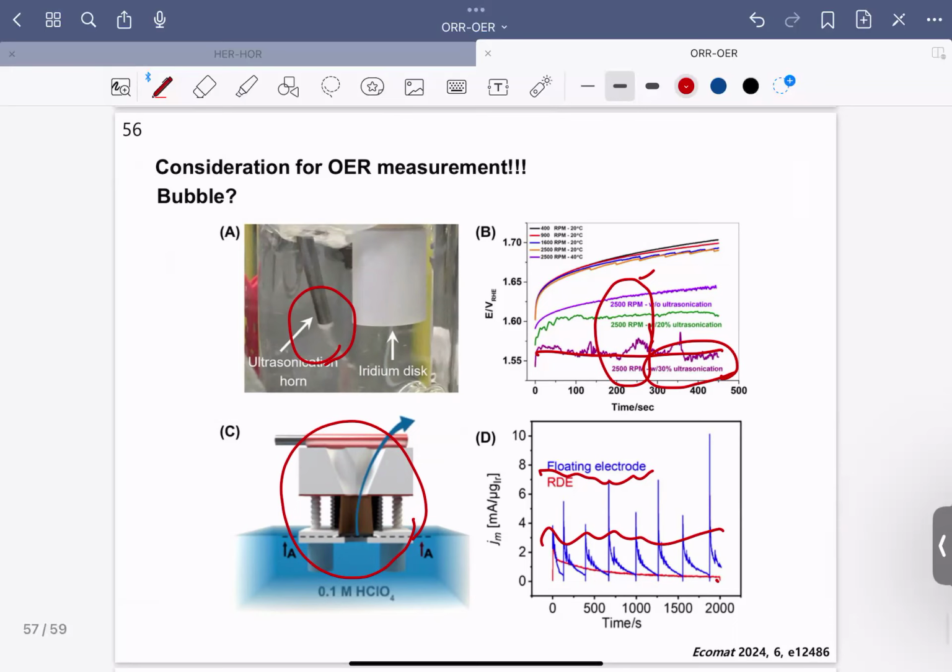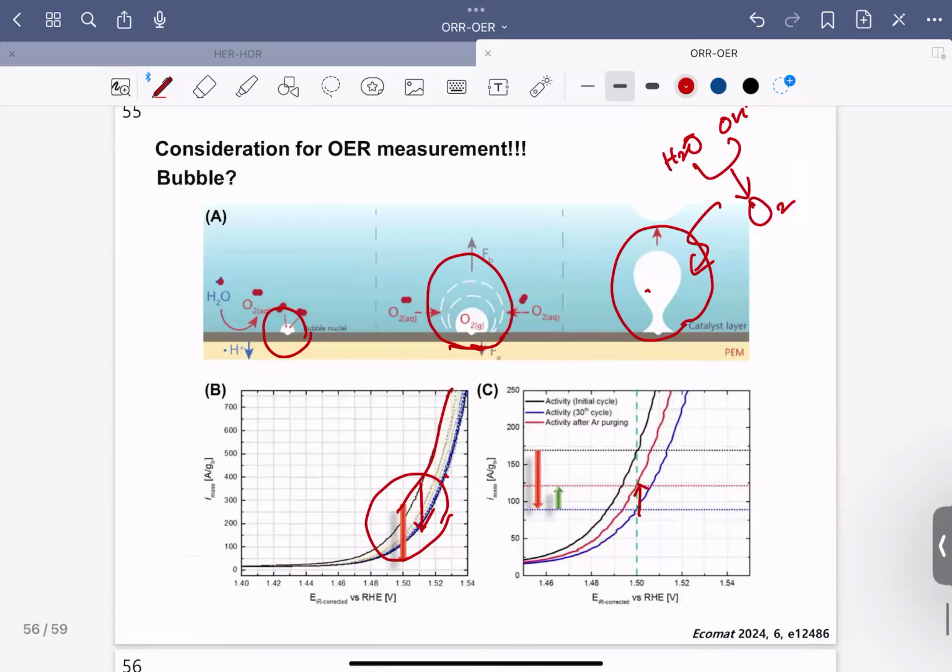And very recently, we figured out that the oxygen bubble can cause lower activity. Does anyone think about that? Why? Actually, people just think, oh my gosh. At the very beginning, the surface is really open, but if there is a bubble, then it covers a certain surface, the active site.